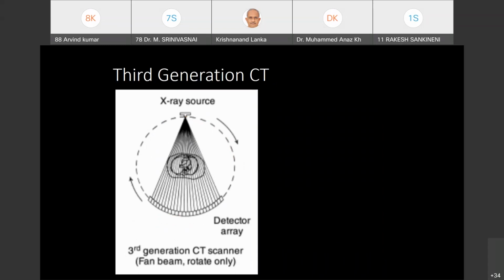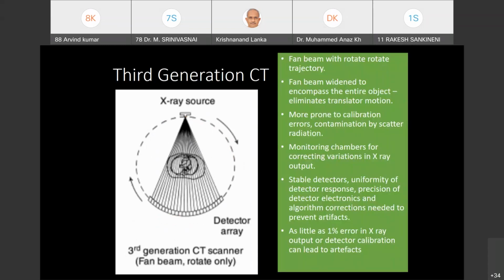And then, third generation, you have what is called just a rotate trajectory. Fan beam widened to encompass the entire object, eliminates translatory motion. So you can see this fan beam is covering the entire skull.